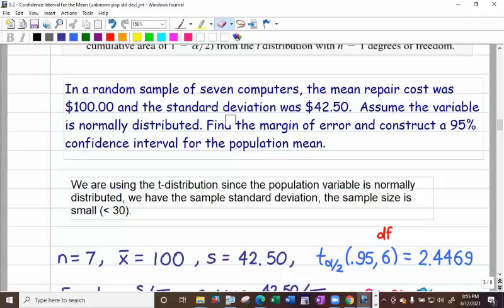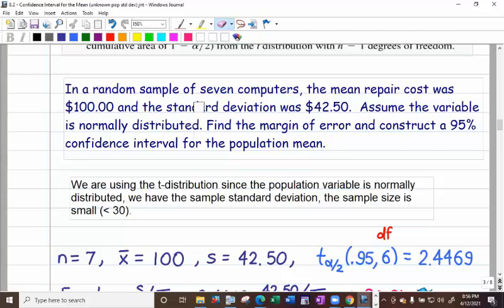It's not like these questions are going to be 30-page documents or anything, so I think you'll find it. Mean repair cost is 100, standard deviation 4250. Assume the net variable is normally distributed. That's what I was saying earlier: to even use the t distribution, it has to be normally distributed.